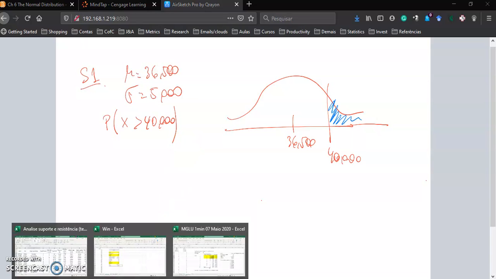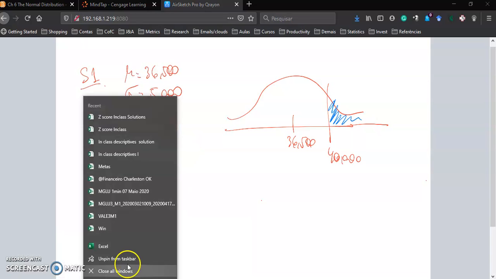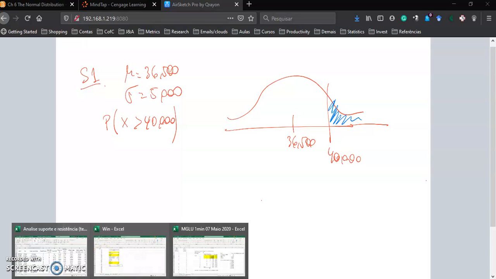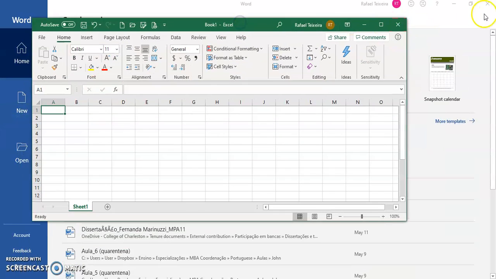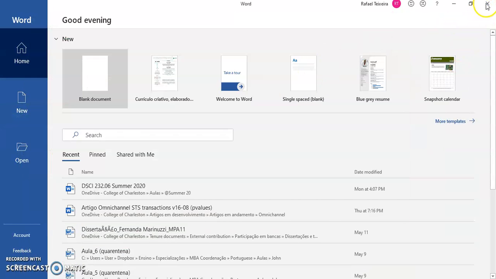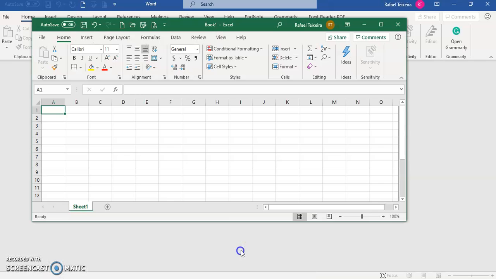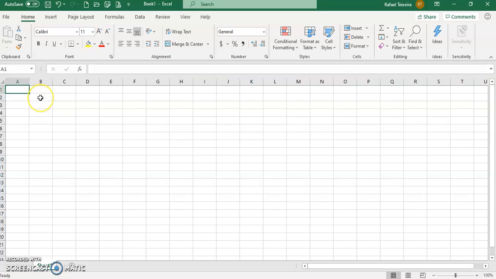Let me open a fresh Excel file. Okay, so we have a new Excel file. What I told you is to take note of the mean, which is 36,500, and the standard deviation, 5,000. And I want to know the probability that X is higher than 40,000 miles.